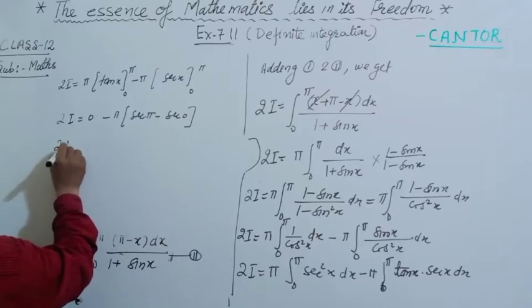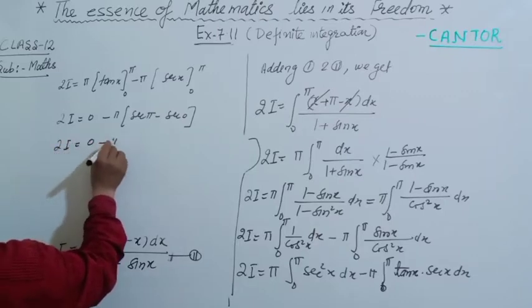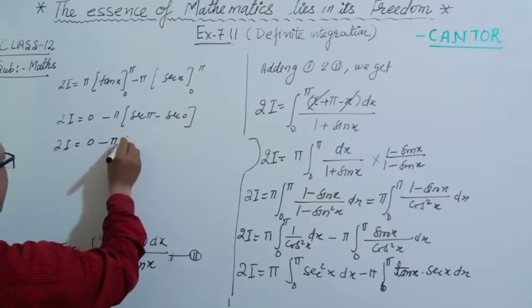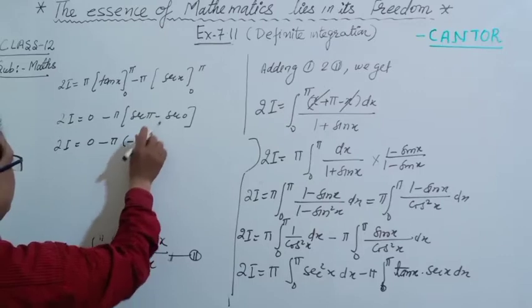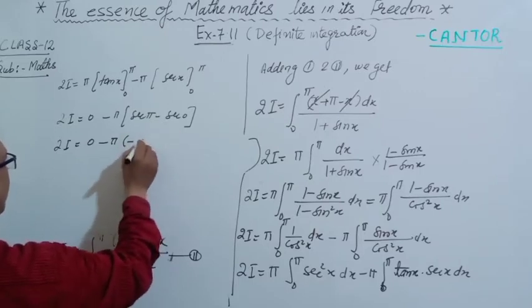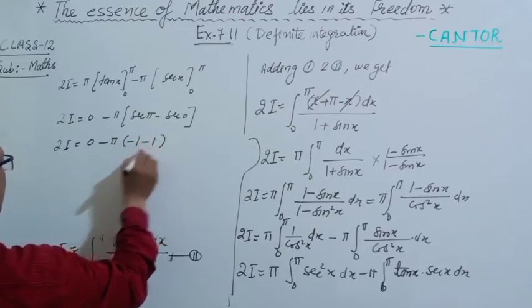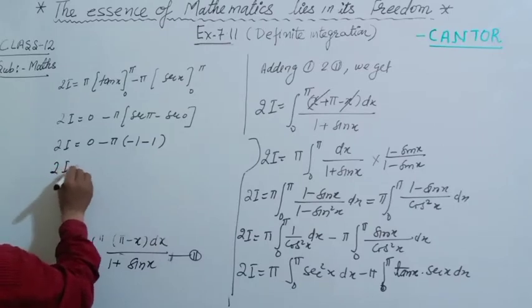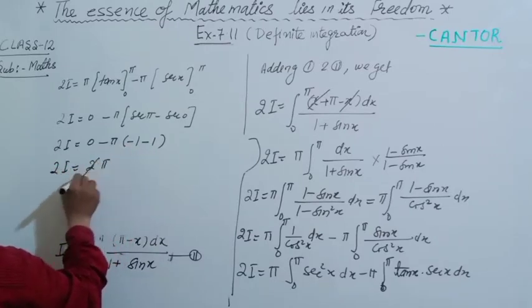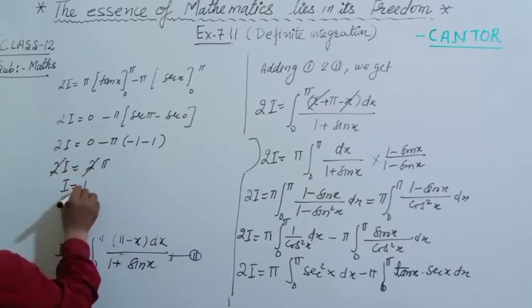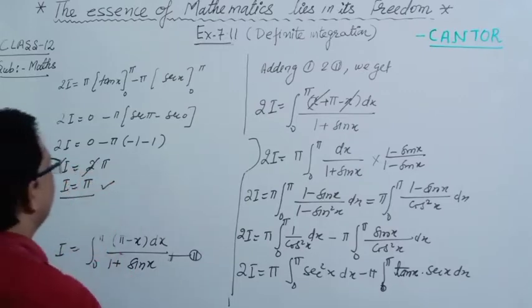So 2I is equal to 0 minus pi, where sec pi is minus 1 and sec 0 is 1. So 2I is equal to 2 pi, and cancelling out, I is equal to pi. This is your final answer.